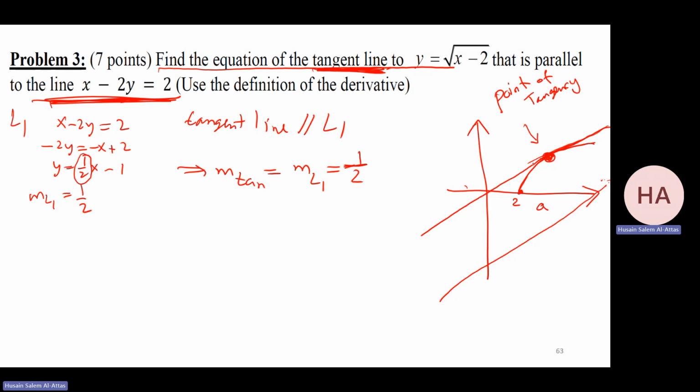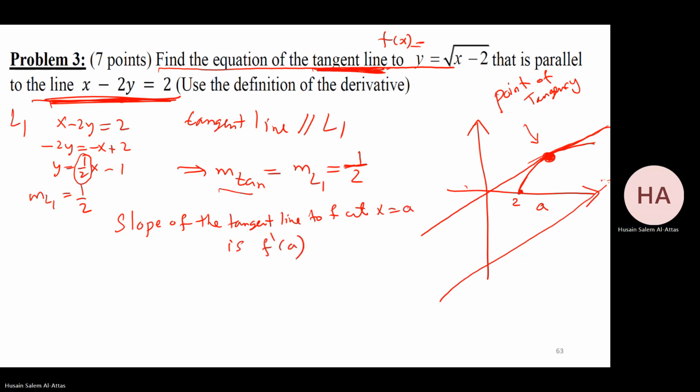Okay. So if I find that point, I am done finding the equation of the tangent line. Since I know the slope, if I find the point, that's it. What's so important about this point? I know that the slope of the tangent line, let's call this f of x, to f at x equals a is f prime at a.